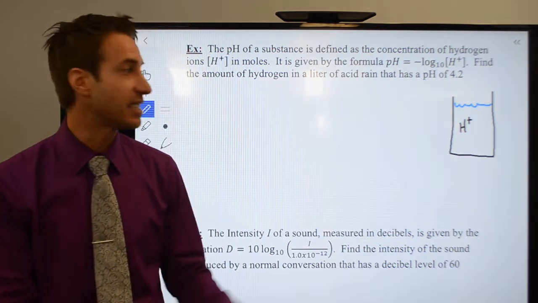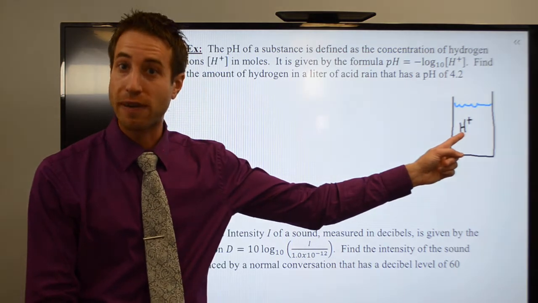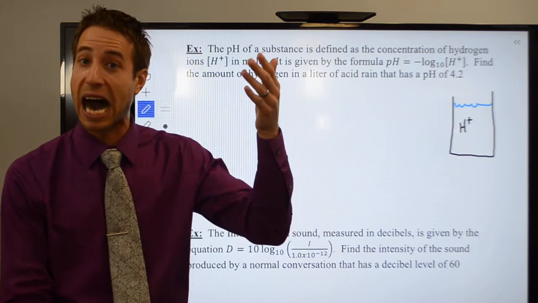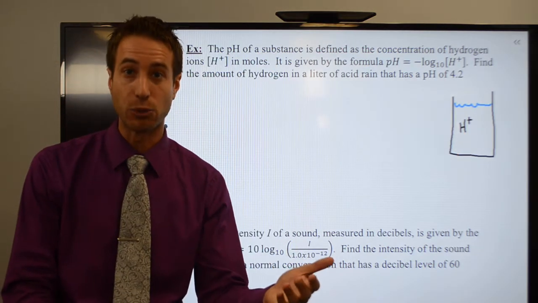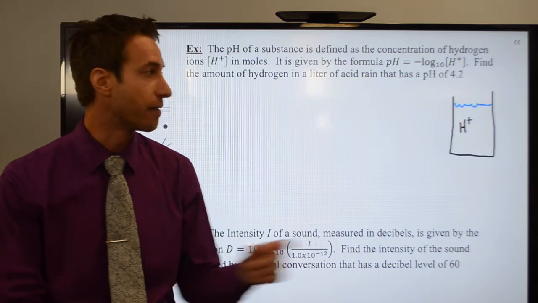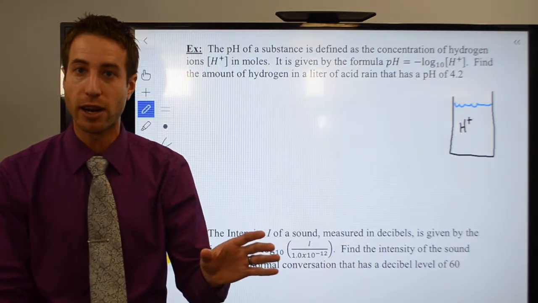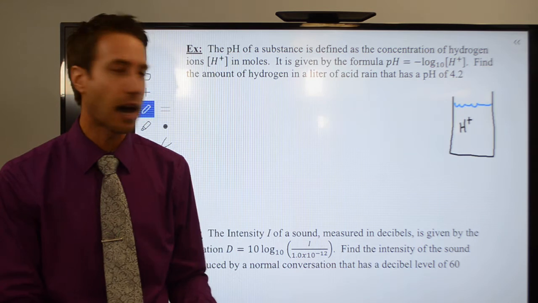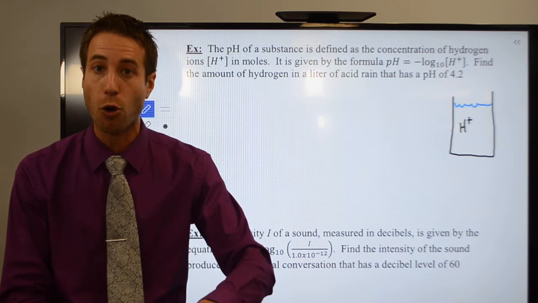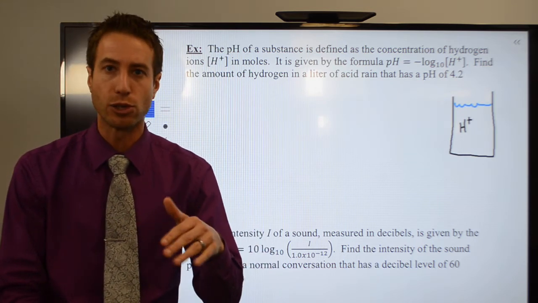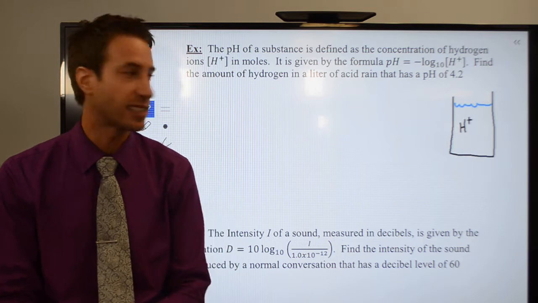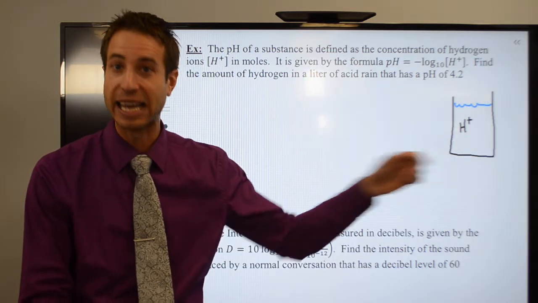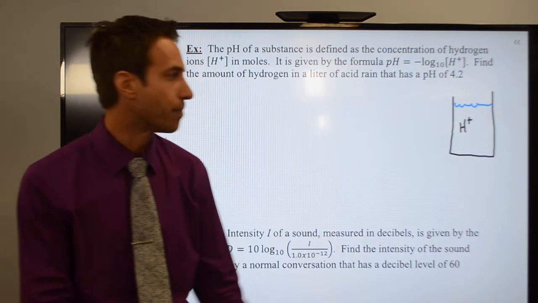If the concentration of hydrogen ions is really high, you'll have something that's really acidic. It's got a lot of free protons running around. It's super acidic, with a real low pH, 1, 2, 3. Those are your strong acids. They have a really high hydrogen ion concentration.